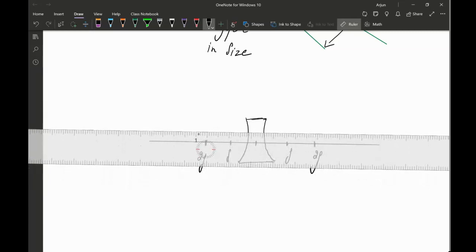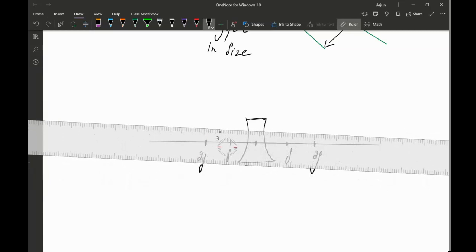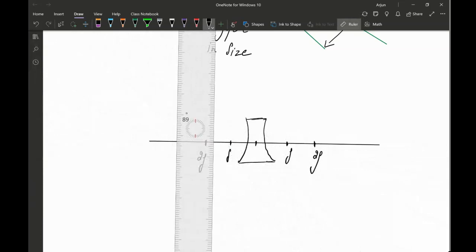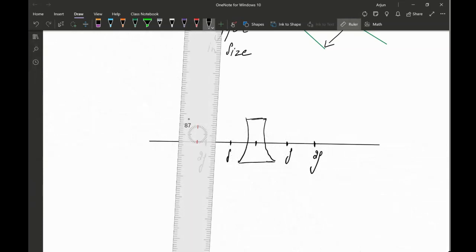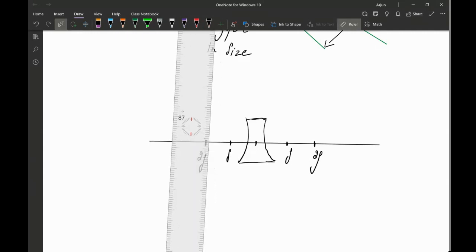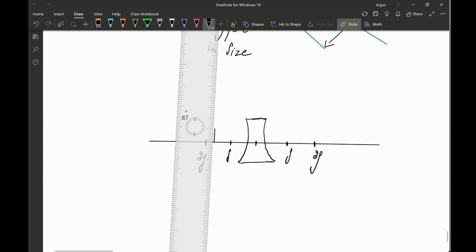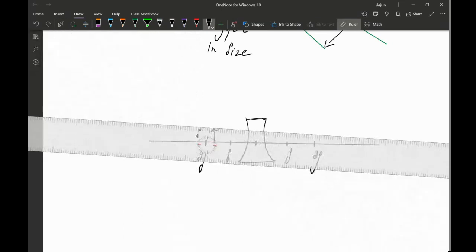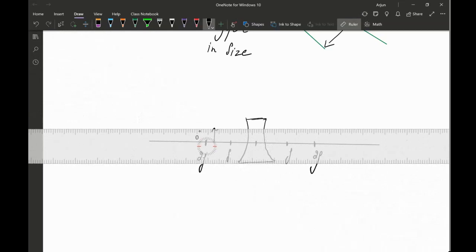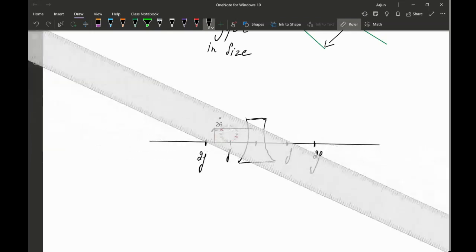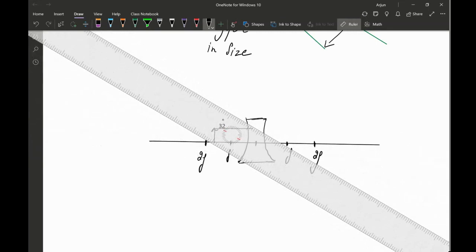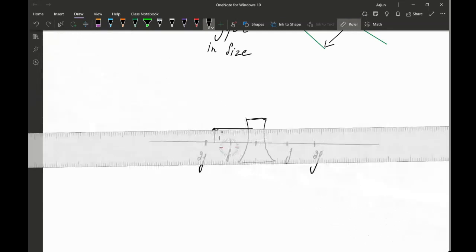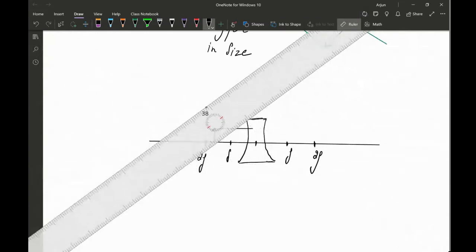Now first ray, parallel to the axis. I'm going to place the object here, parallel to the axis. I'm going to pass through the focal point like this. So this ray is bending.